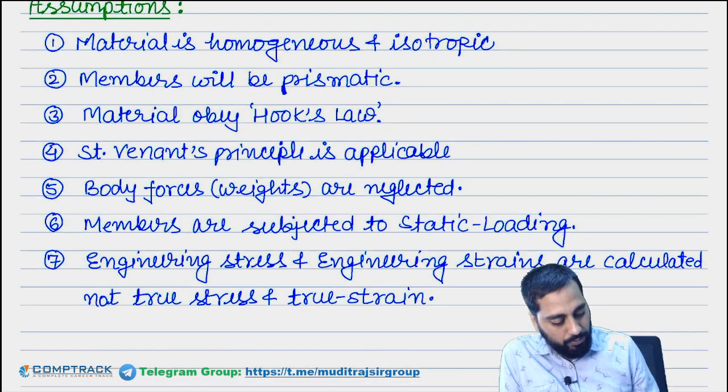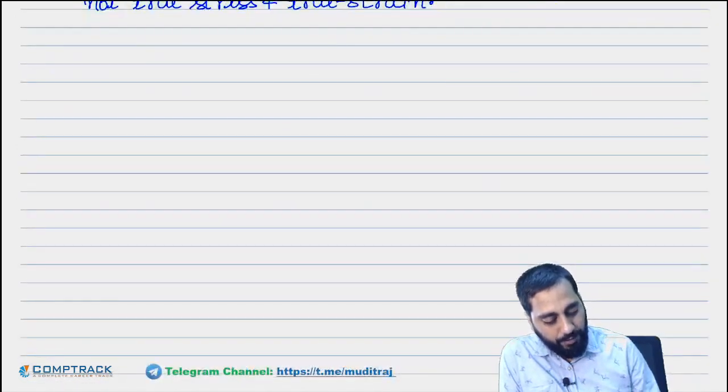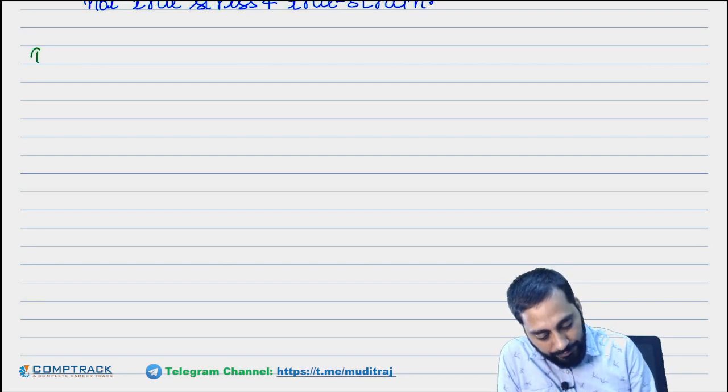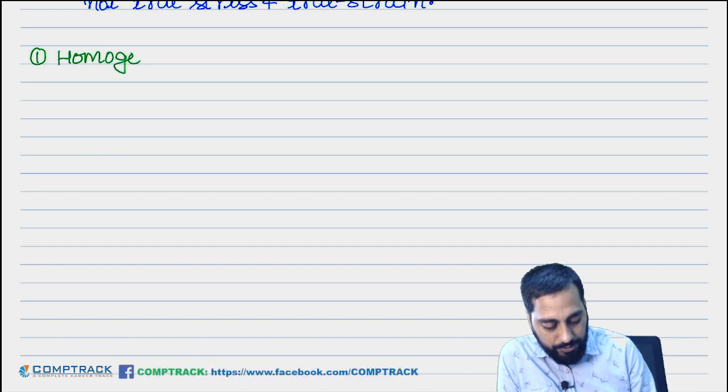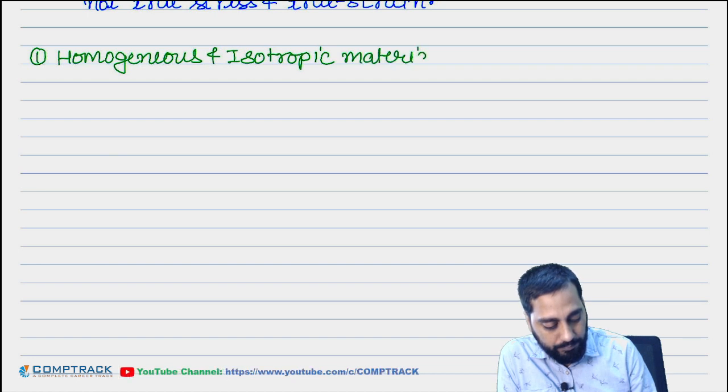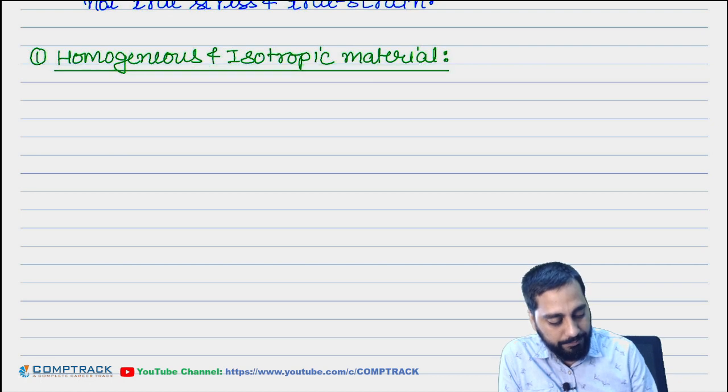ओके, सो नेक्स्ट write down the heading first: homogeneous and isotropic. What is homogeneous and isotropic? Homogeneous and isotropic material.